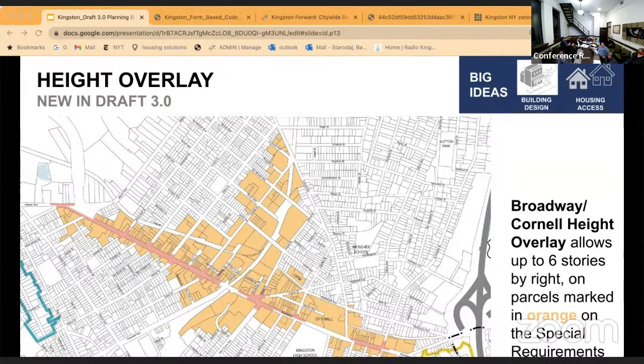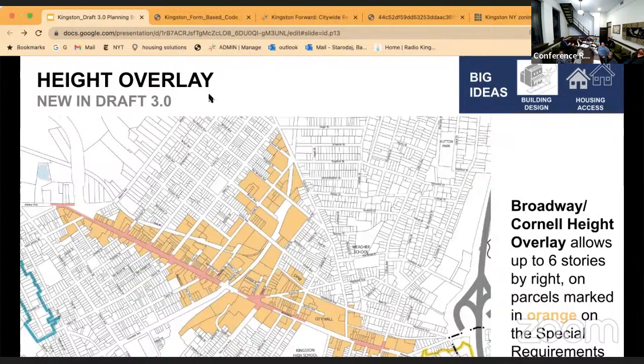These are the places which tend to have the largest and tallest buildings in the city already, and thus present perhaps the most significant opportunity to add new housing. So this height overlay allows up to 6 stories by right on the parcels marked in orange. So I wanted to call out this recent change.